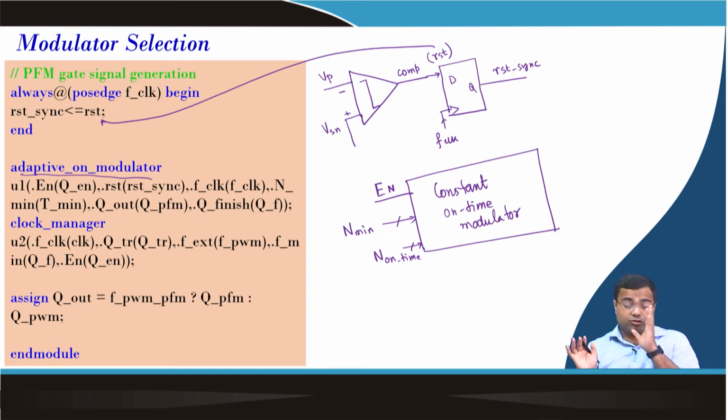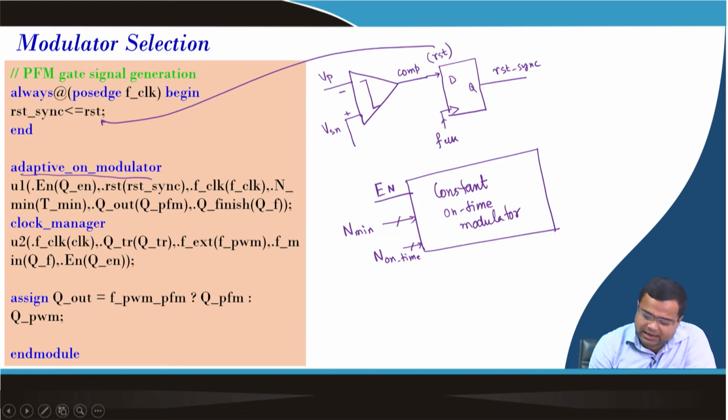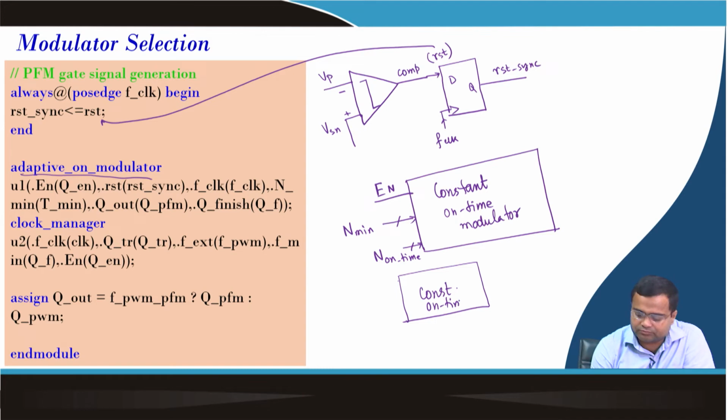This is a regular constant on time. It consists of two blocks. The first block is the monoshot constant on timer, which we discussed in lecture number 96 in detail, followed by the minimum on time, and this will generate your Q. So this will require an enable signal and this F clock, the high frequency clock.